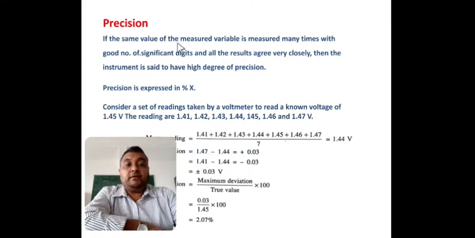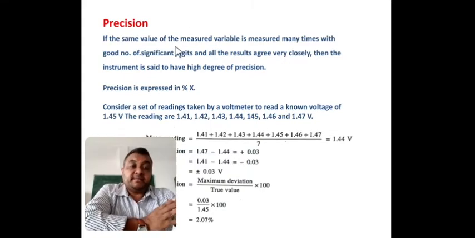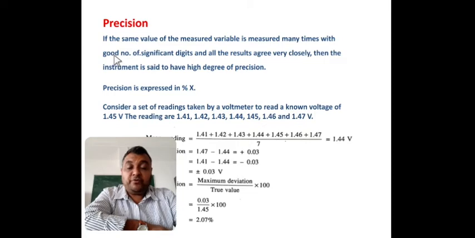Then after that we will see what precision is and how we can say that an instrument will give you a precise value. Okay, so if you would like to define precision, it is this: if the same value of the measured variable is measured many times with a good number of significant digits and all the results agree very closely, then the instrument is said to have a high degree of precision.